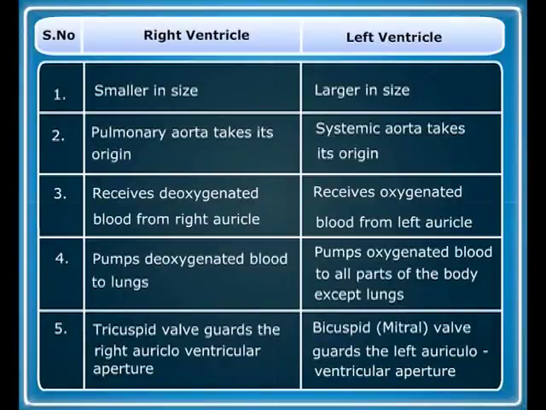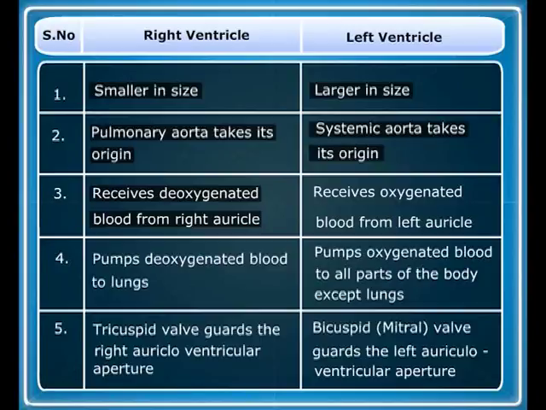Differences between right and left ventricles. The right ventricle is smaller in size. The left ventricle is larger in size. The pulmonary aorta takes its origin from the right ventricle. The systemic aorta takes its origin from the left ventricle. The right ventricle receives deoxygenated blood from the right auricle. The left ventricle receives oxygenated blood from the left auricle.